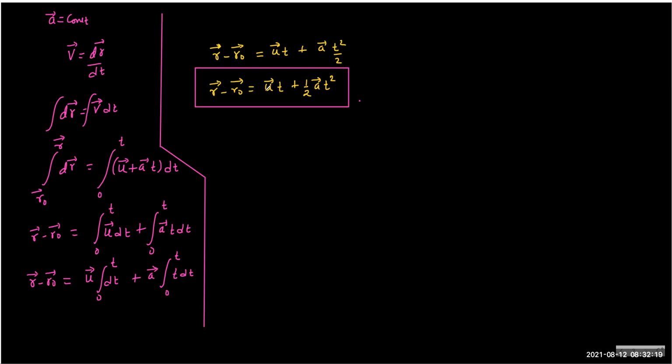A two-dimensional vector is a packet of two variables. One dimension is one variable, and three dimensions, three variables. The moment we come to one dimensional motion, the variable reduces to only one value, and therefore we remove the vector sign because there is only one variable. Anyway, these are the two equations that we derived using the vector definition, and r minus r naught is called the displacement vector, delta r.